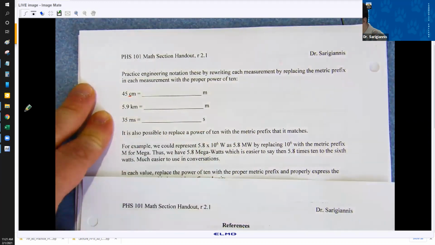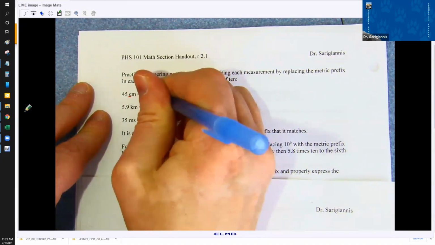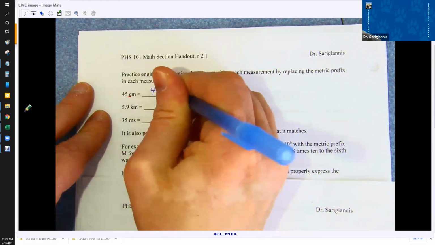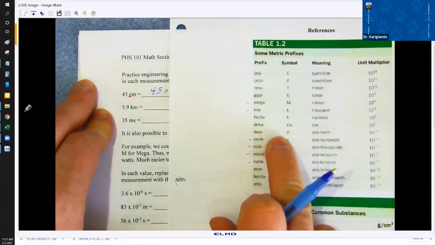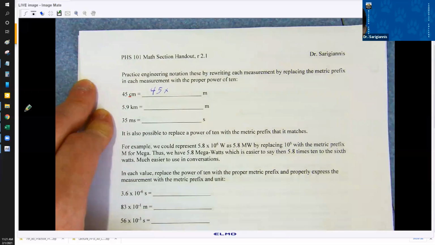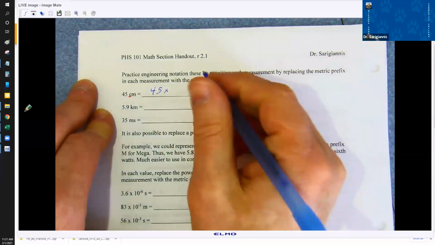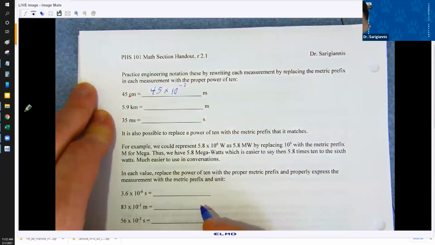So I'm not going to worry about putting it in proper scientific notation. All I'm going to do is replace the prefix with the proper power of 10. So I go to my table here, I see centi is times 10 to the minus 2. So that's 45 times 10 to the minus 2 meters.